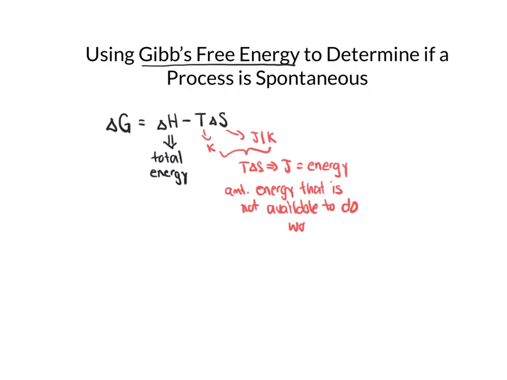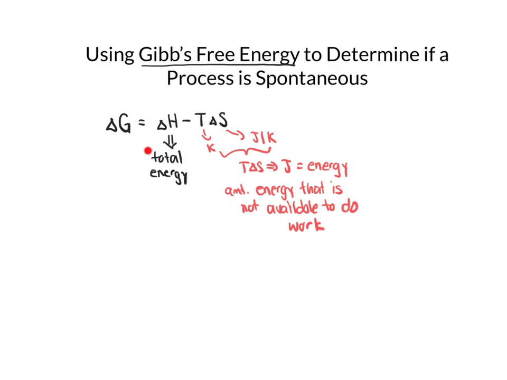This is because this is the amount of energy that has been randomized and has gone to increasing the entropy of the system, and that randomized energy is not available to do work, to push the system in a particular direction.